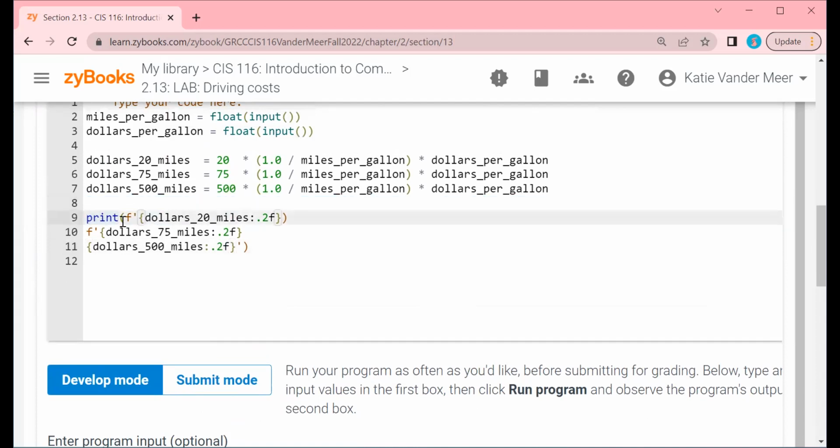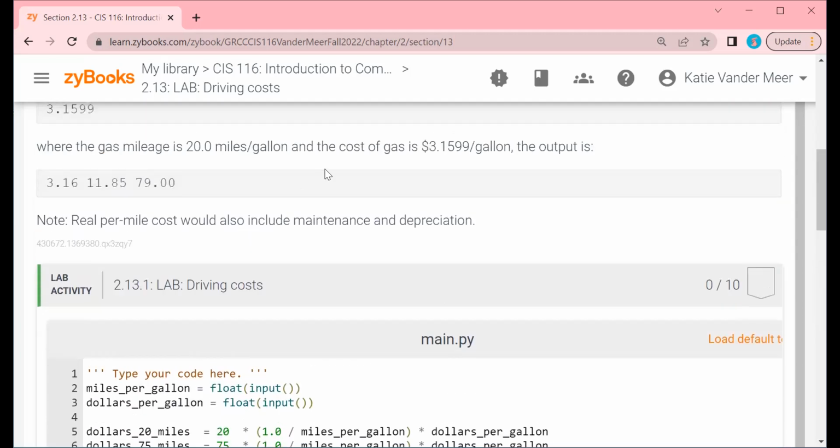You just use the F and then the single quote, and then a curly bracket, the name of your variable, and then colon dot 2F. The F is for float. The dot 2 is for how far you want to round it. Does it give us an example?